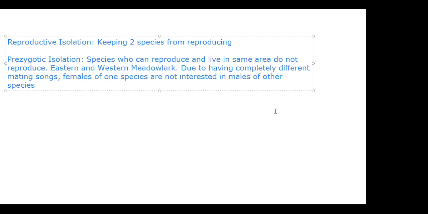Go ahead, Bailey. What if there are two different species and one has a very similar song, just a tad bit different, but you can't really tell the difference? What would happen there?